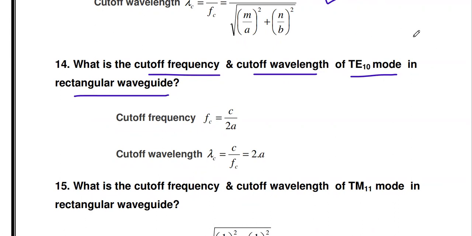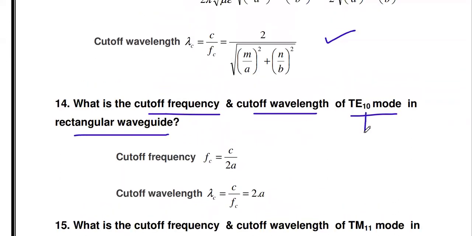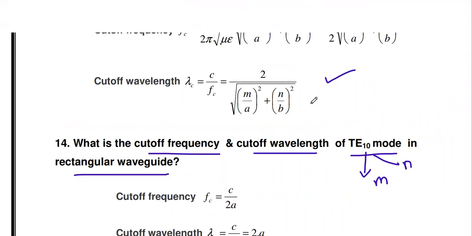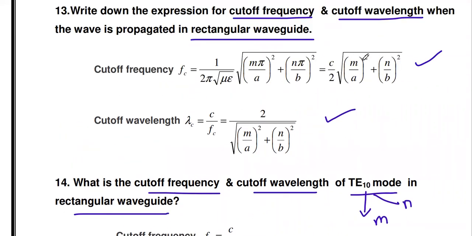TE10 is the dominant mode in rectangular waveguide. For this dominant mode, what is the cutoff frequency and the cutoff wavelength formula? TE10 means m equal to 1, n equal to 0. So you substitute m is 1, n is 0 in the above equation. The second term is 0. The first term is square root of (1 by a)², so the square and square root cancel.